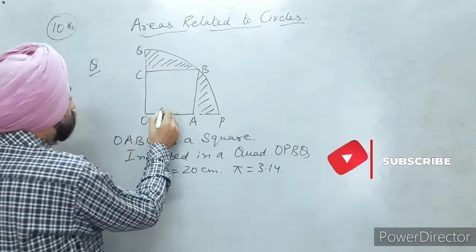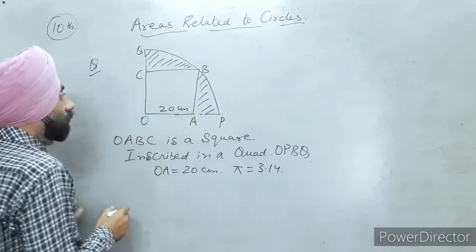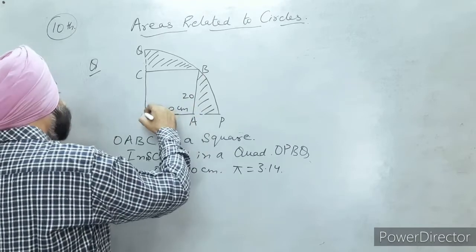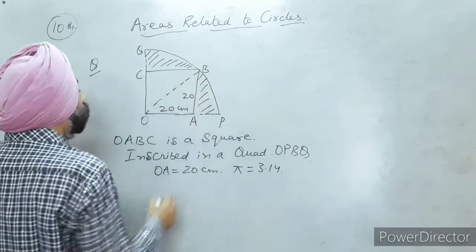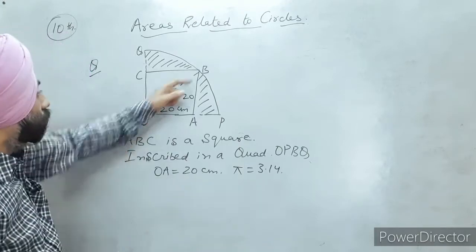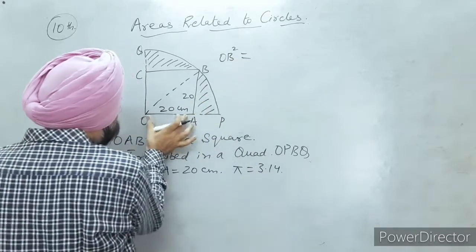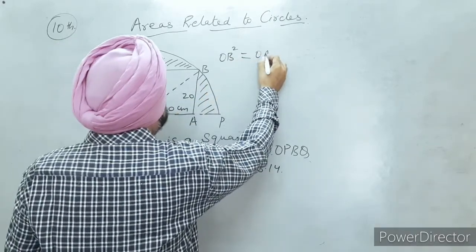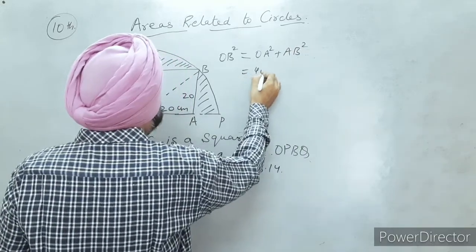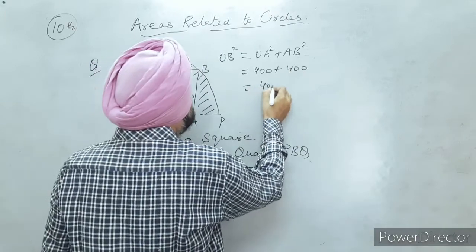Now OA is 20 centimeter. This side is again 20. I am going to find OB by using Pythagoras theorem. So OB square equals OA square plus AB square, that is 400 plus 400, 2 times 400.